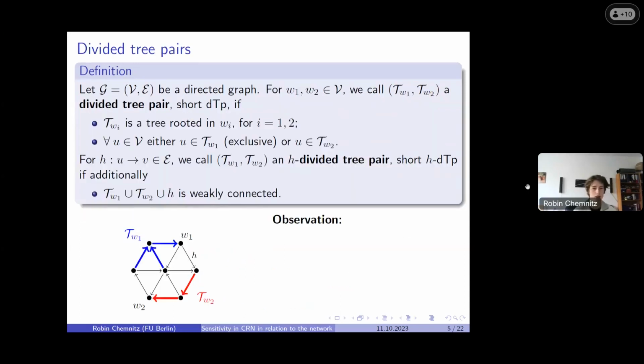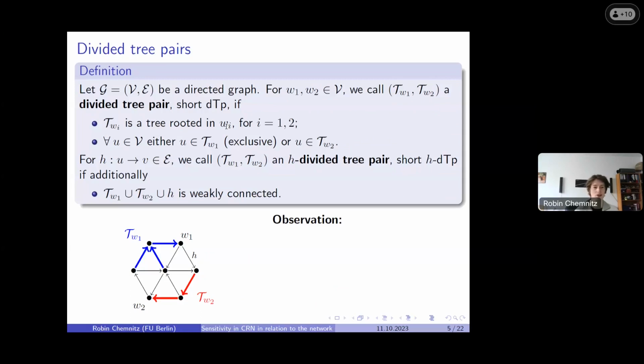And the last concept of graph theory that we will need is divided tree pairs. Given a graph, we can fix two vertices and define a divided tree pair, which I denote by TW1, TW2. These two T's should be both trees rooted in their respective root node.